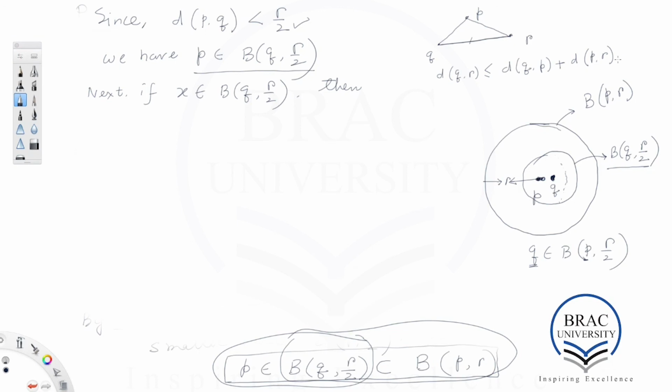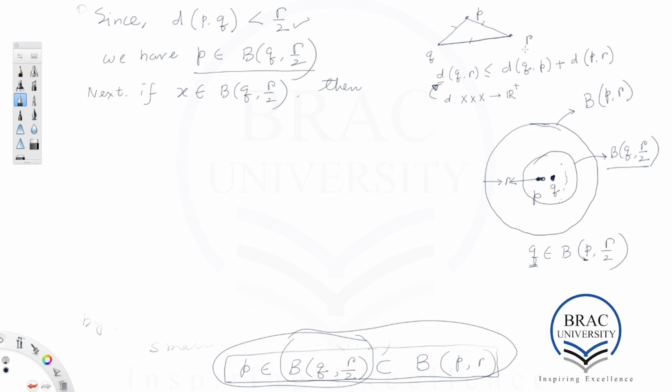So D is a continuous function in the metric space. If your metric space is X, then it's a function from X cross X to R plus, satisfying various properties, and the triangle inequality is one of them. It's easier to understand it in terms of a triangle, and this is why it's called a triangle inequality. So in our case, this is the situation.